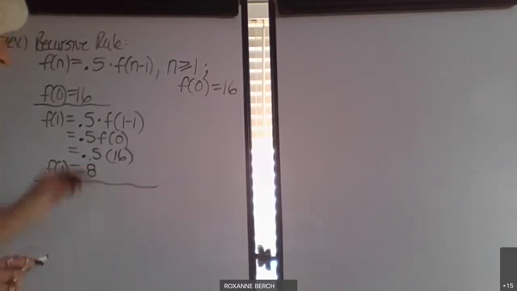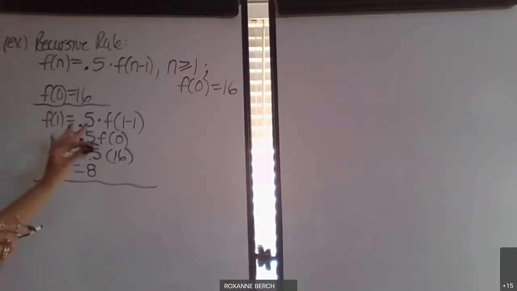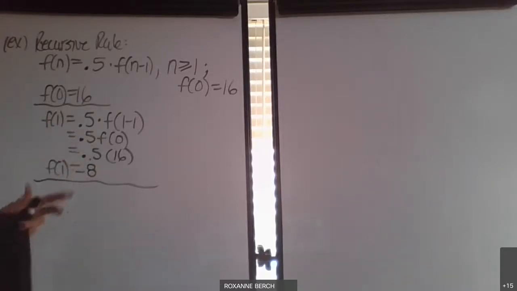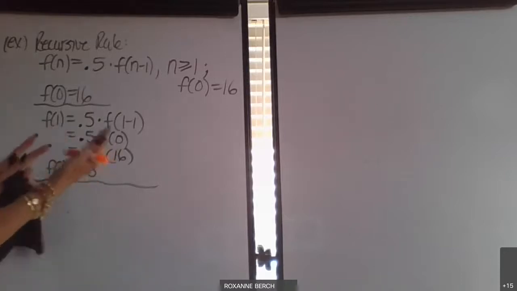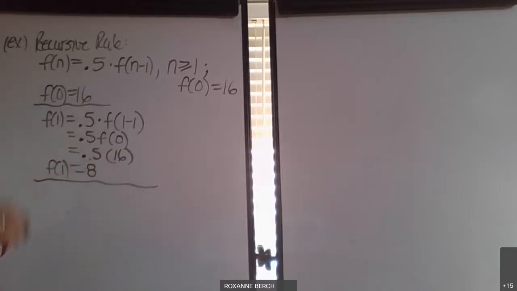Now, I can explain this in color. Anybody want me to show you this in color? Last call. Anybody want me to explain this in color? Nope. All right. So now we go to n equals 2.